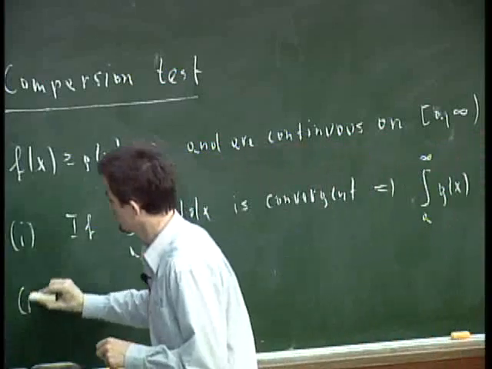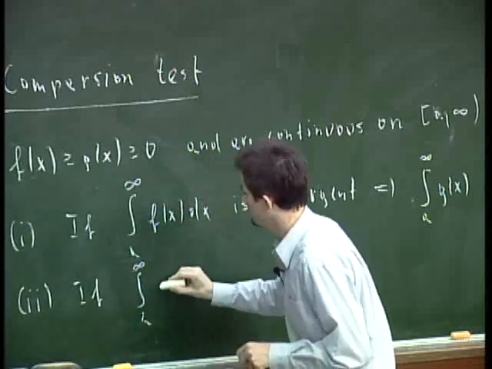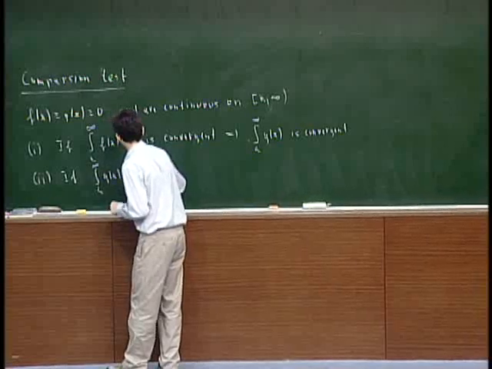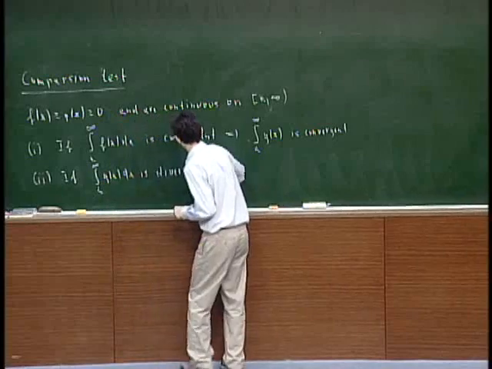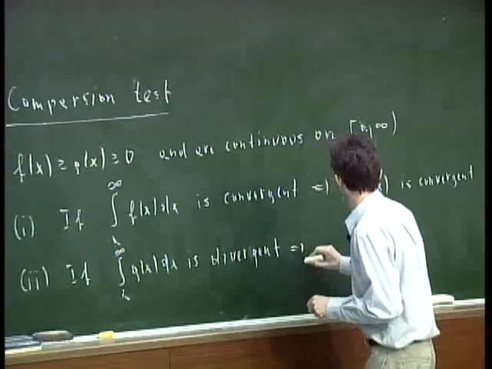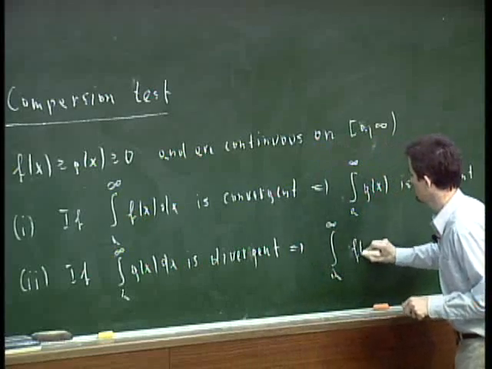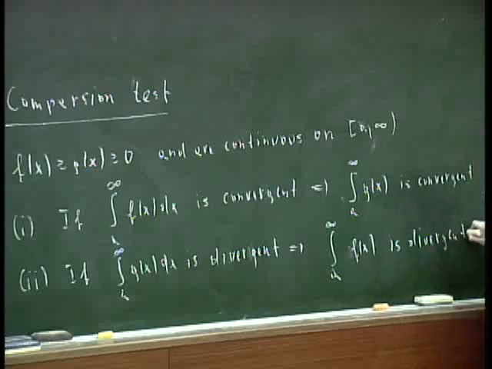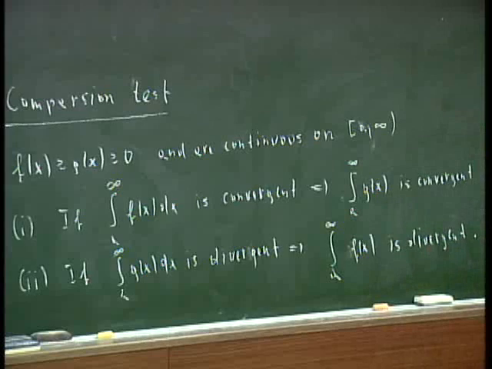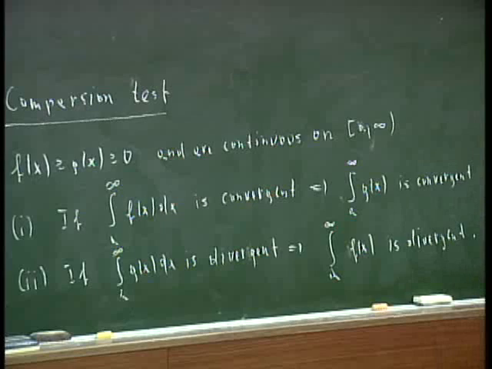And secondly, if the integral from a to infinity of g of x dx is divergent, then the integral from a to infinity of f of x is divergent. This is pretty obvious if you look at the area definition, or if you interpret all the given integrals as areas.